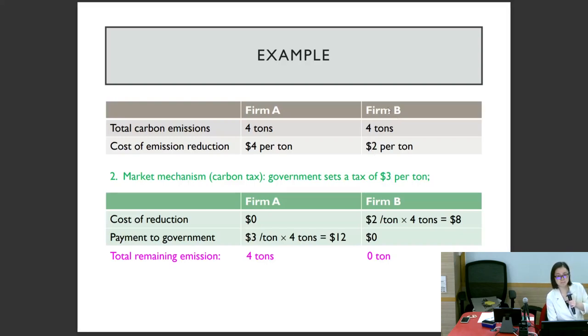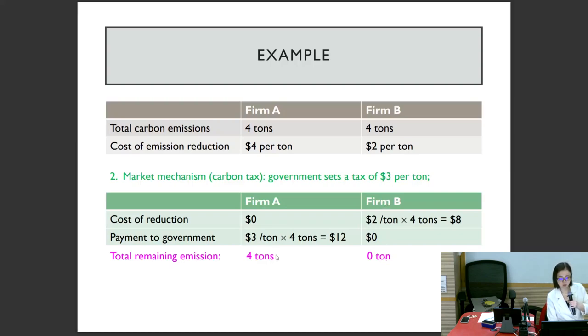So for firm B, they don't want to pay the tax. They will spend $2 for reducing all the 4 tons of emissions, so they will spend $8 for reducing the emissions. The overall emissions would be 4 tons for firm A because no reduction, and for firm B, reduced to 0 tons of emissions.